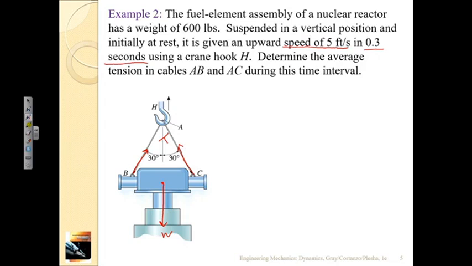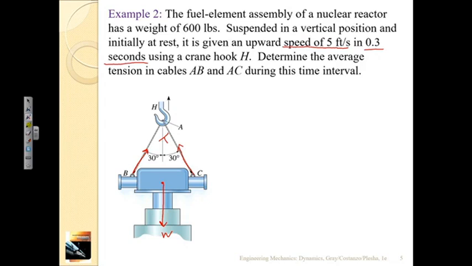This is going to give me minus W plus the contribution from each rope, plus 2T, and I only want the cosine leg of these, 2T cos theta. That's my external force in the y direction.